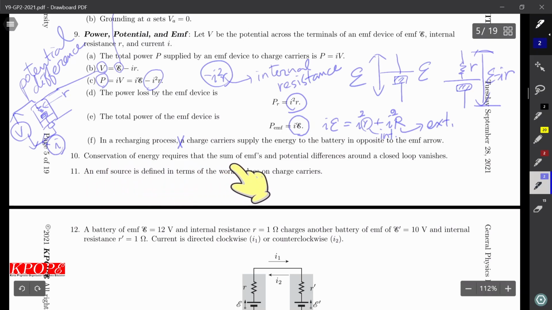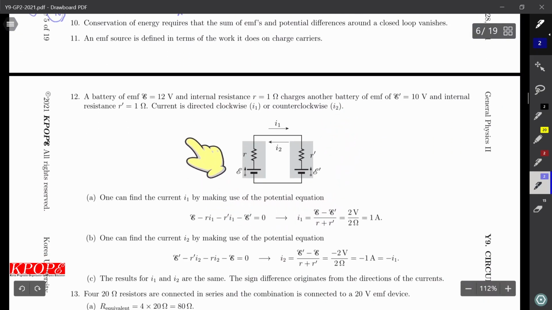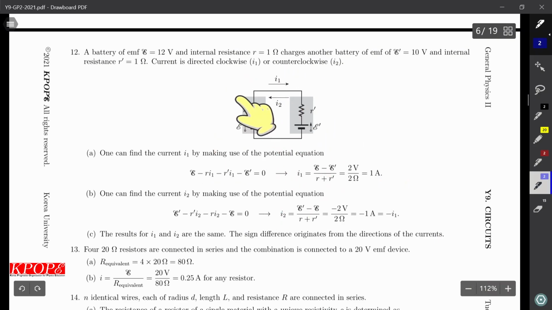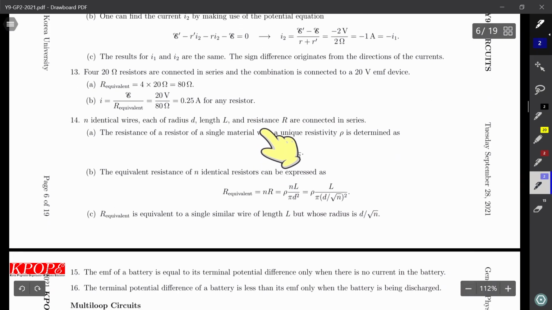Conservation of energy requires that the sum of EMFs and the potential differences around the closed loop vanishes. So EMF supplies the energy and resistors consume the energy. An EMF source is defined in terms of the work it does on charge carriers. This is an example considering two EMF devices connected in series in opposite polarity. It is straightforward to follow this calculation, so please do it yourself.